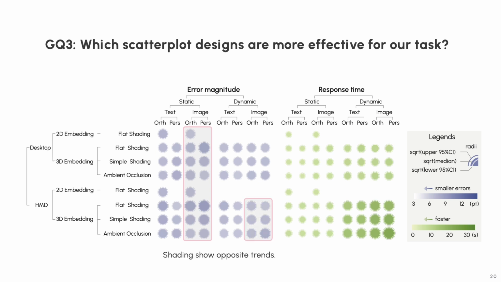However, for the same image dataset and dynamic conditions, we found that on a head-mounted display, adding shading increases error magnitude. For response time, we found that adding shading consistently increases response time.